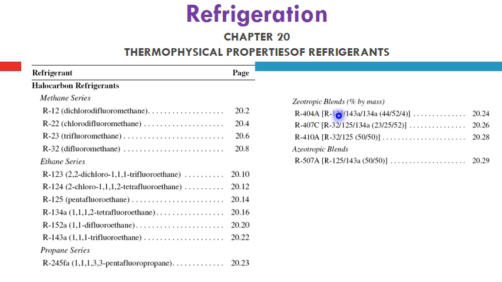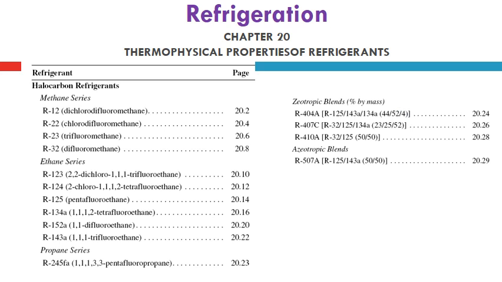Each one contains different halocarbon refrigerants, R404A being based on R125, 143A, and 134A, with different percentages by mass.